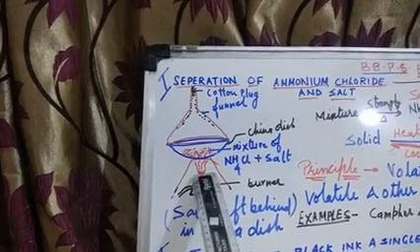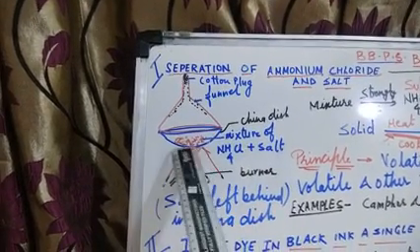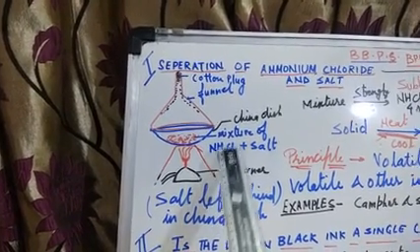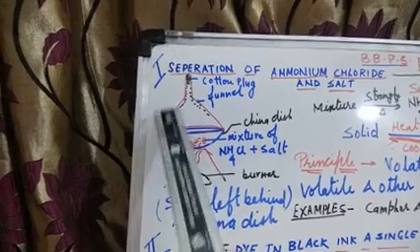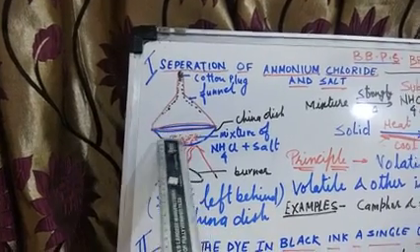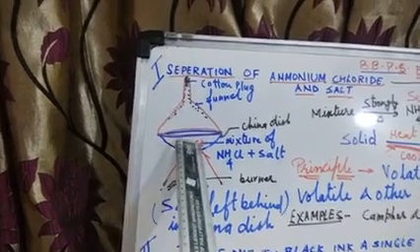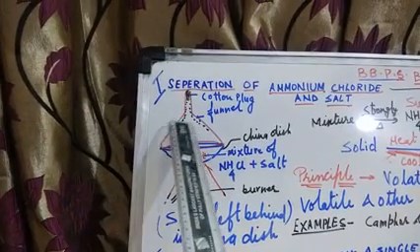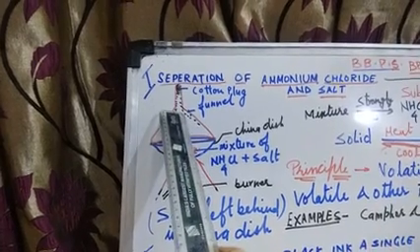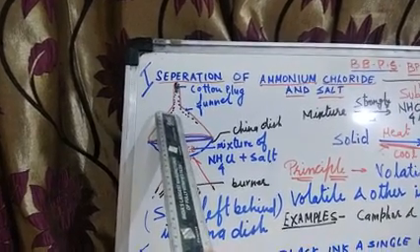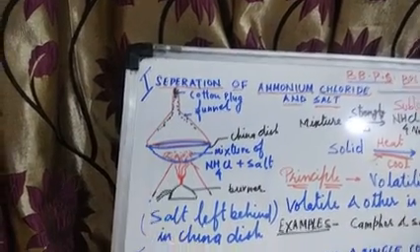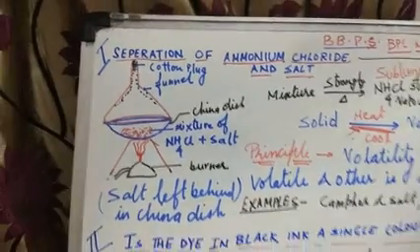As this ammonium chloride and salt mixture is heated, since ammonium chloride has a tendency to show sublimation, from solid state it directly gets converted into gaseous form. That gas rises up. Gases usually go up, students. As that gas reaches the cooler walls of the funnel, it again solidifies. Conversion of gas into solid is also called sublimation.